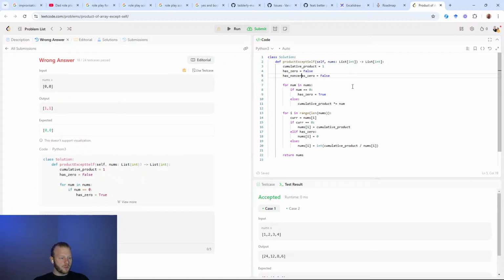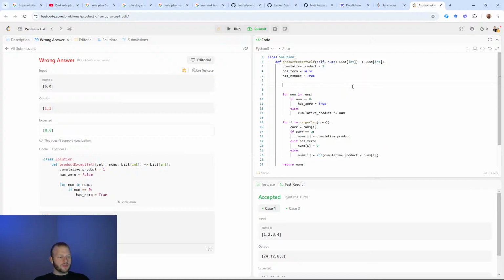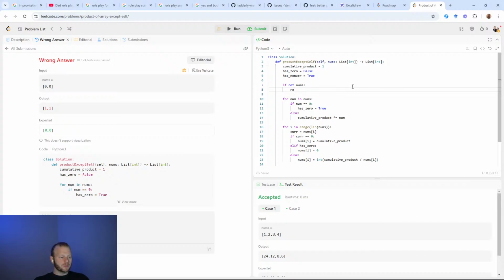Has non-zero. There's also the case where, what if not nums, return nums. Like if it's an empty list. I don't know if that's going to happen, but we'll go ahead and account for it. So if you don't have a 0 and if you don't have a non-zero, we're guaranteed to have one of them.